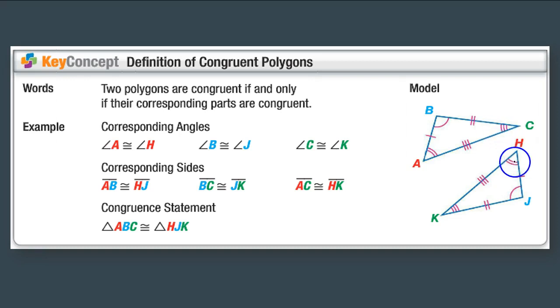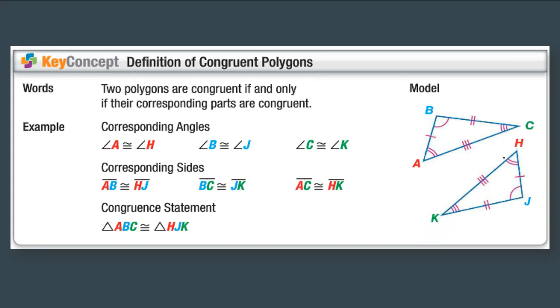Remember, if we have angles that are congruent, that means we also have sides that are congruent. So we have side AB, which is congruent to side HJ. Then we have side BC, which is congruent to JK. Then we have side AC, which is congruent to side HK.